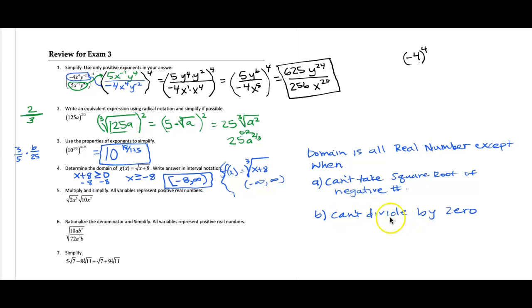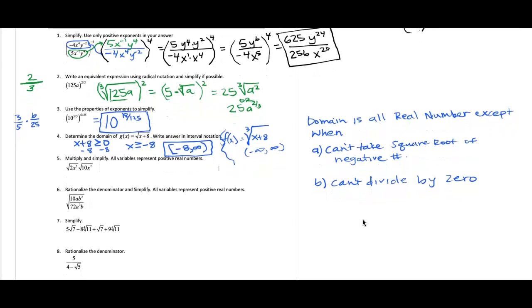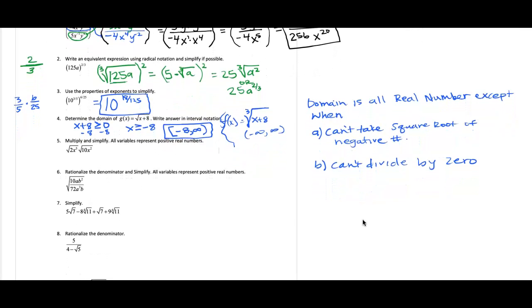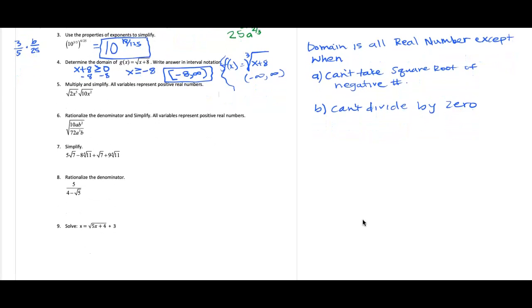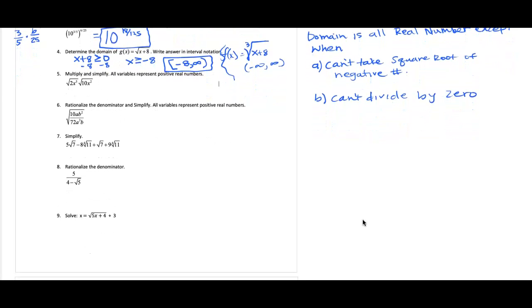Okay, now again, if there was a fraction in it and there was a variable in the denominator, then we'd have to look and see what number is going to make us divide by 0, because that's the number it can't be. And you better believe that on the final there's going to be stuff about domain and range. So if you've been struggling with it, let's get it down really good this time.